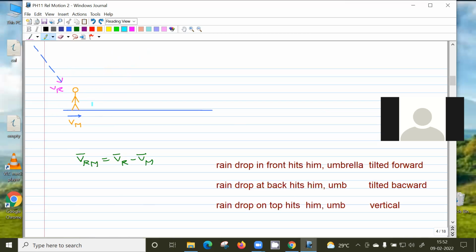So in this case, what will be the direction of the umbrella? Forwards, vertical, backwards. It can be this way, right?